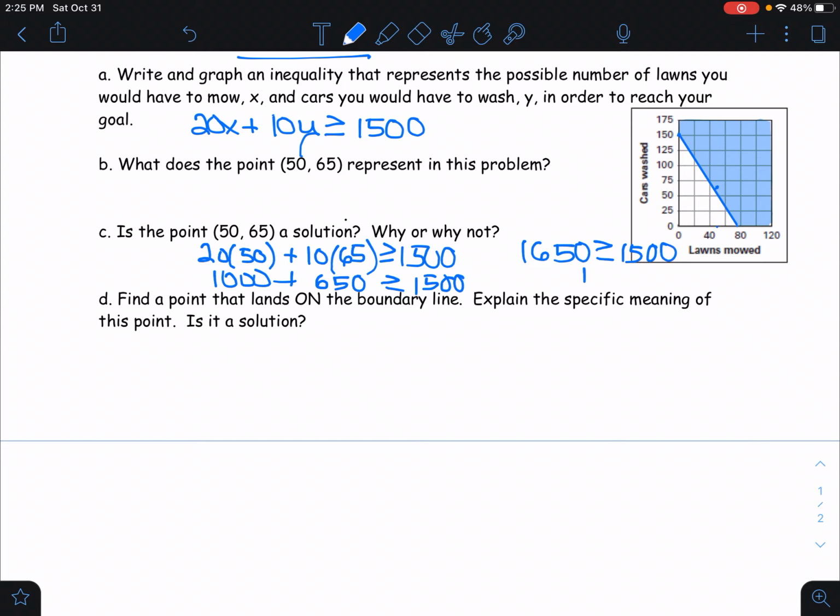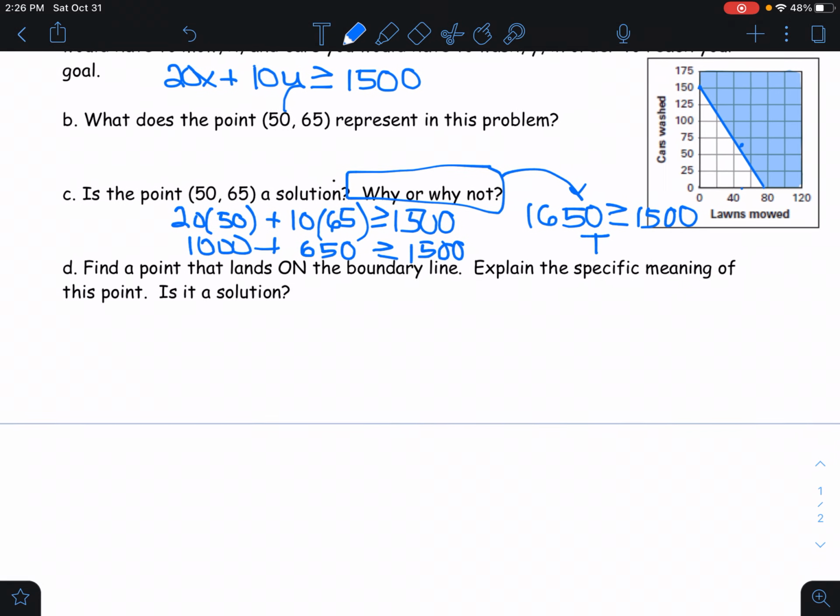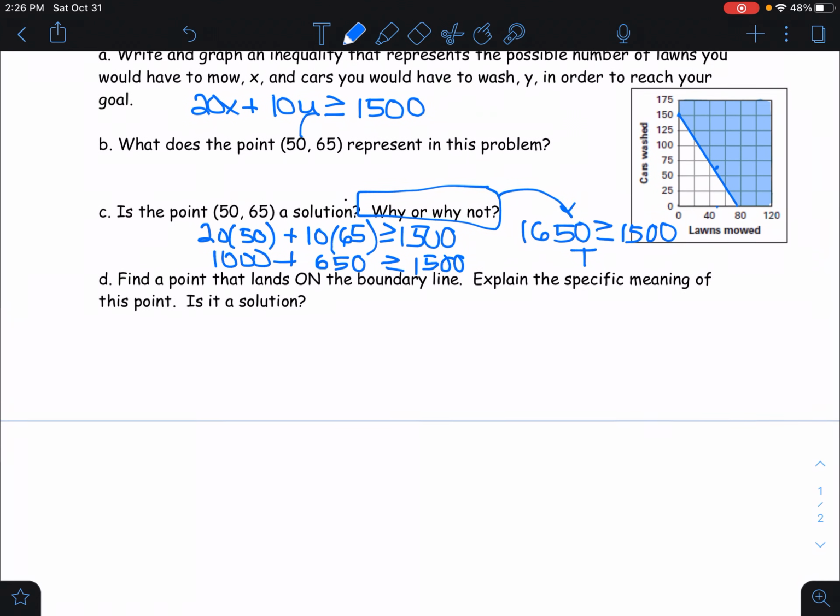Is this a true statement? Yes. So that means the point 50, 65 is in the solution region, and why or why not? That's the reason why. Okay? So if it's kind of close, use the inequality. All right. Find a point that lands on the boundary line. Explain the specific meaning of this point.